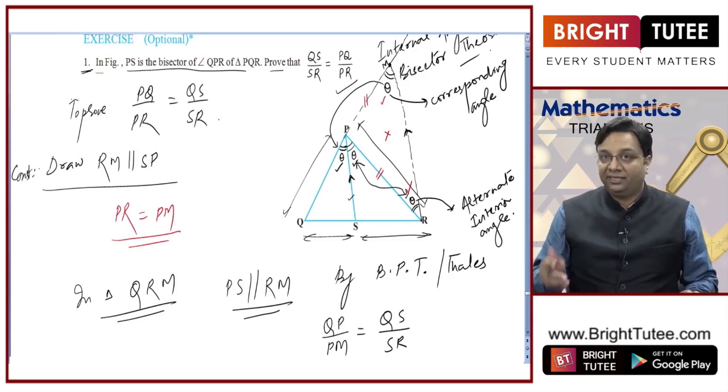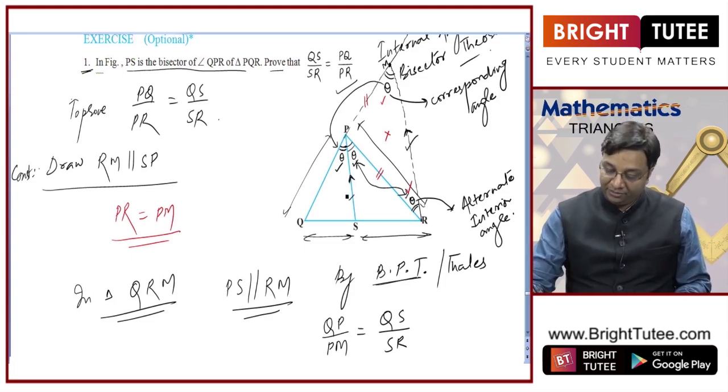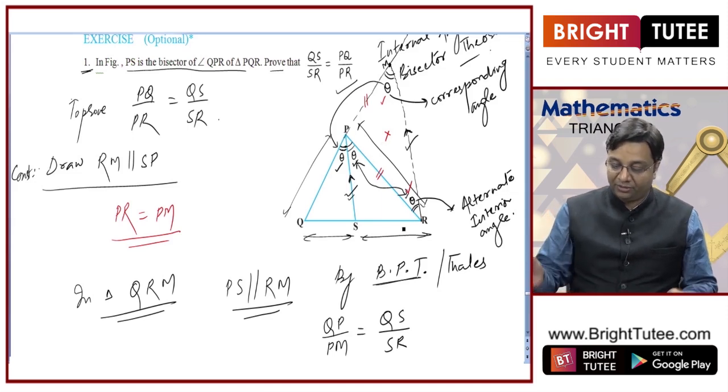If you don't understand it, go to the very first lecture of this chapter, Triangles. You will understand BPT, and then you come back. If we draw a line parallel to a side of the triangle, then this parallel line divides the other two sides in equal ratios. So QP by PM is equal to QS by SR.